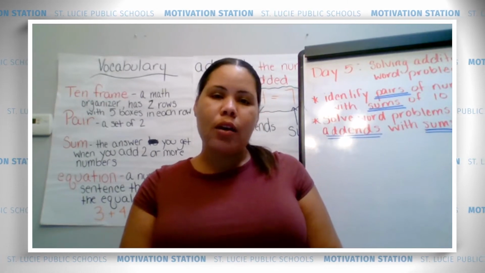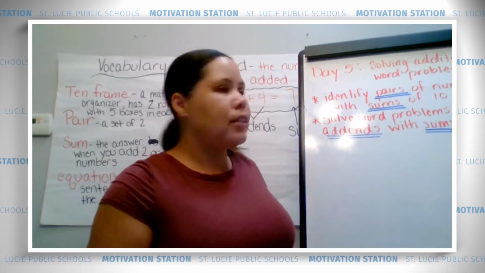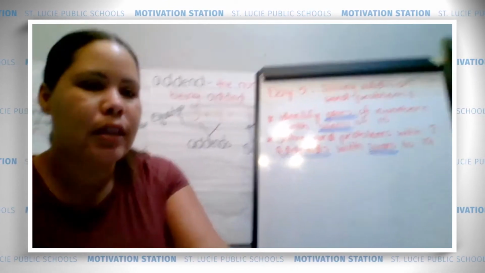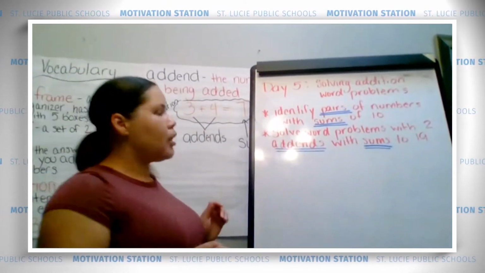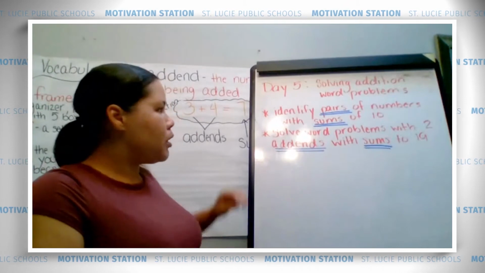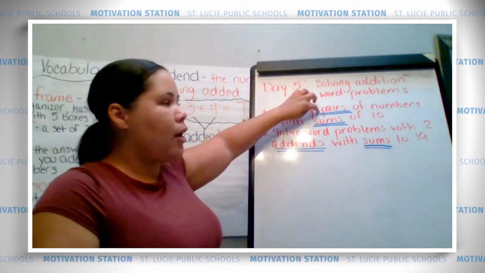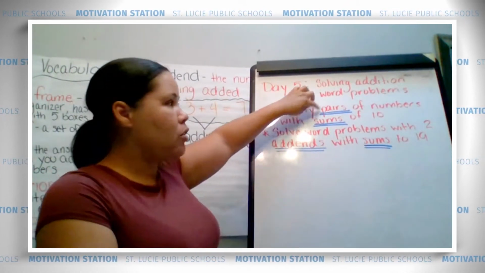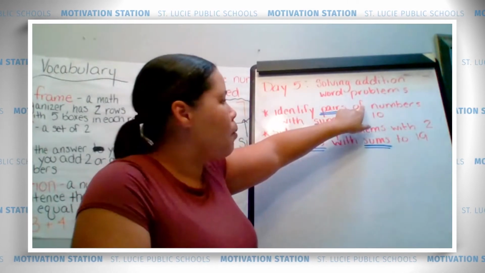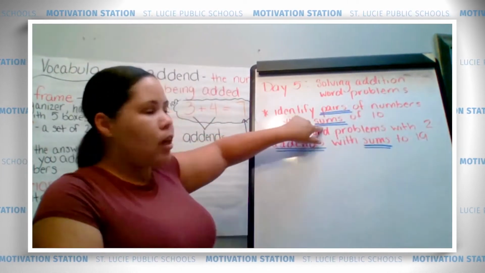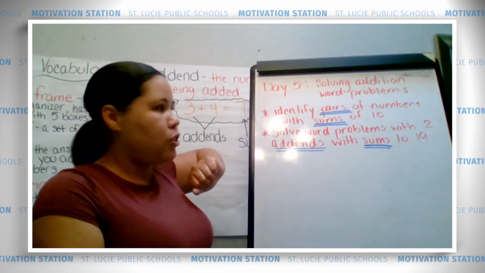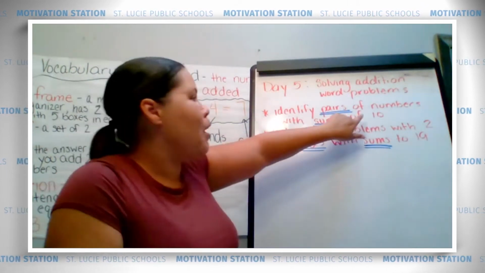We're going to continue our learning this week, and today's goal, if you can see it there, is solving addition word problems. We're doing this by identifying pairs, or two numbers with sums, the sum being the answer to an addition problem, of 10.